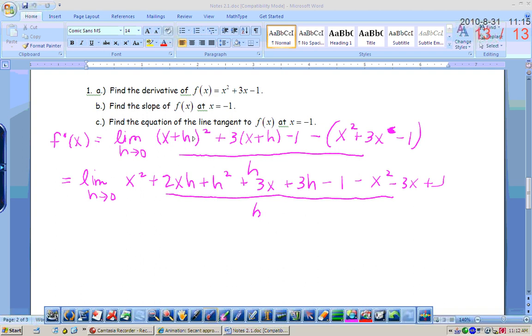All right, now, when I simplify the numerator here, a bunch of stuff starts canceling out. My x squareds will cancel. I have 3x that cancels, and I have -1 and +1 that cancel.